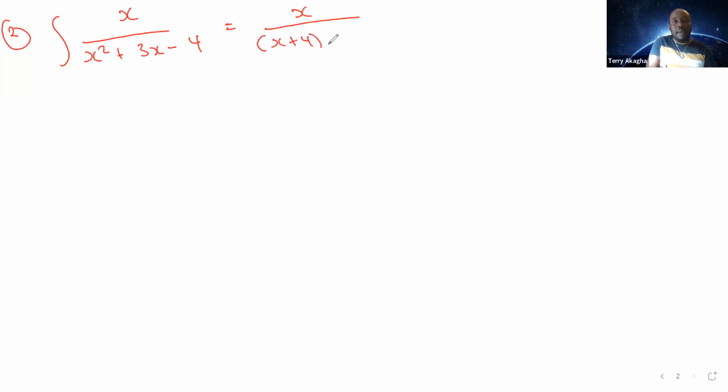Let's solve another example. I have x divided by (x squared plus 3x minus 4). The first thing is to break this into partial fractions. Based on the quadratic, the factors are (x plus 4) and (x minus 1), so this gives a over (x plus 4) plus b over (x minus 1).